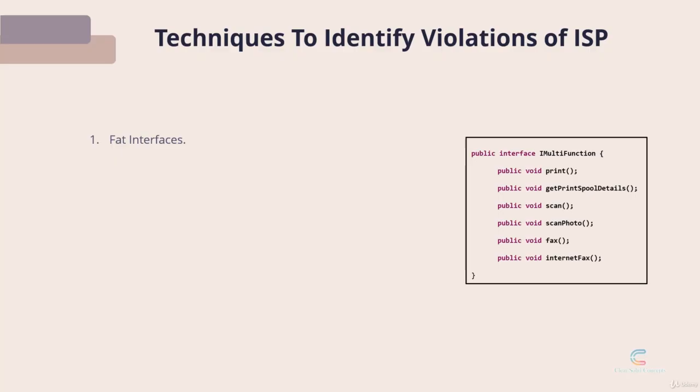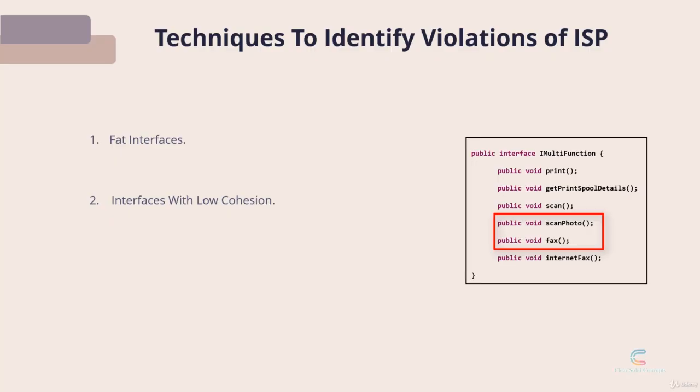The next one is interfaces with low cohesion. Let's again talk in the context of our IMultiFunction interface. We had methods for fax and photoscan. Now fax and photoscans are two entirely different functions.